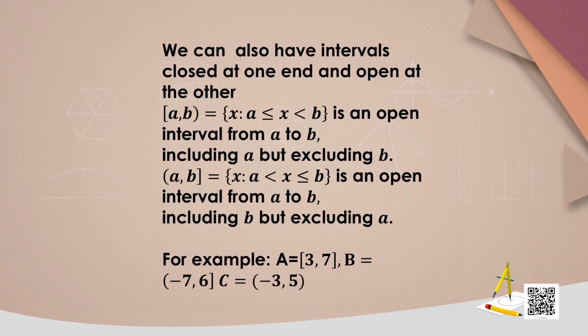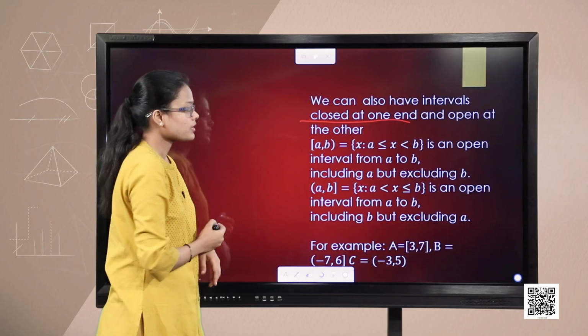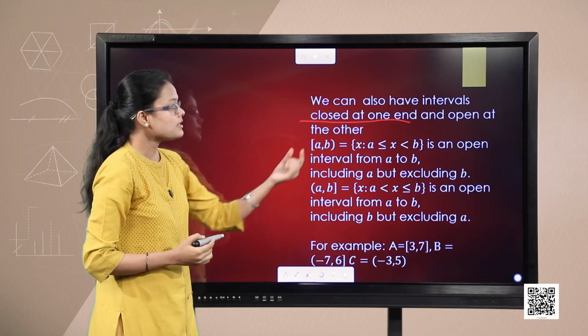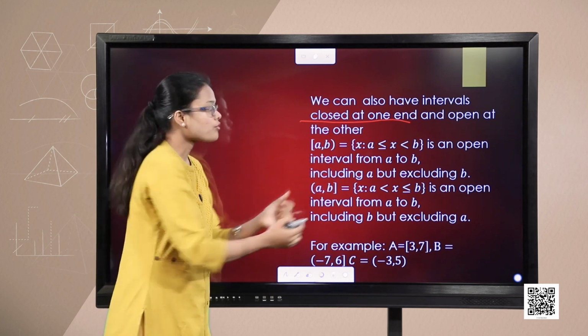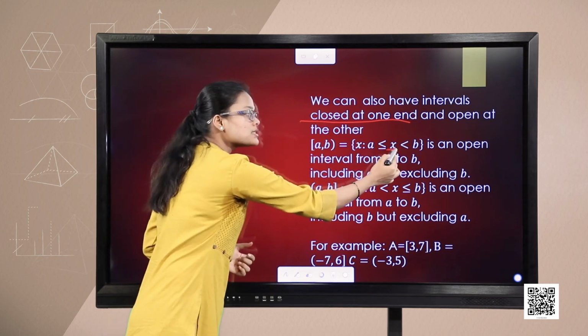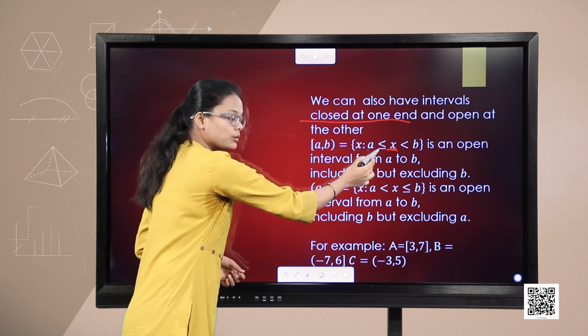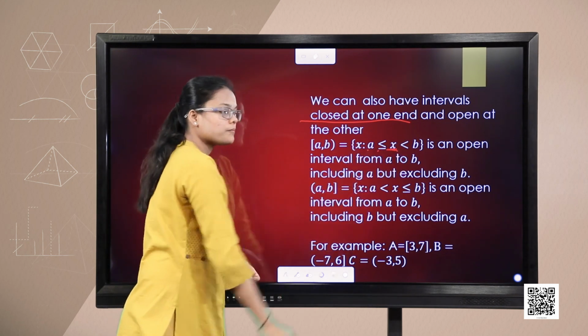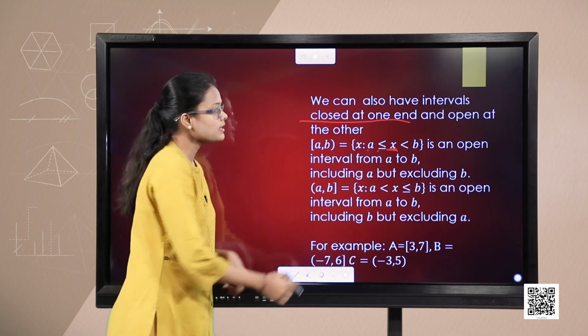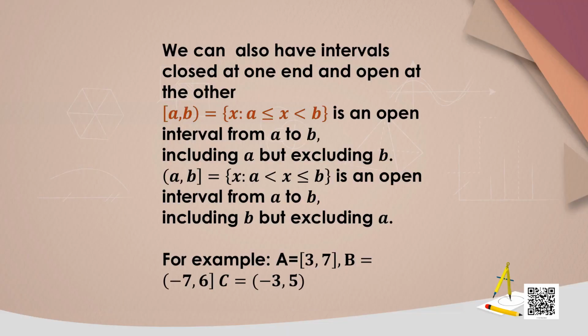We can also have intervals closed at one end and open at the other. As we can see, this is an interval of the collection of all those points which are greater than or equal to a but less than b. So, it represents that x can also take the value a, but x will take all the values which are less than b.